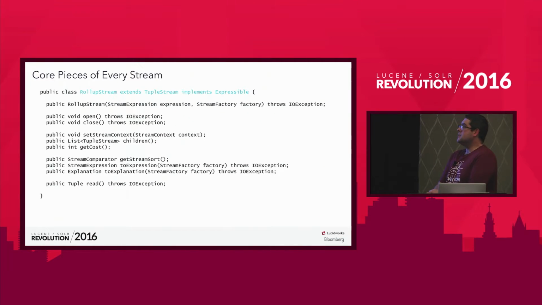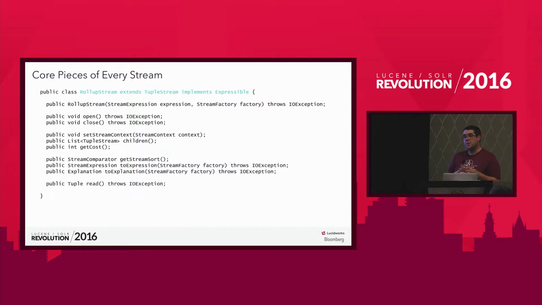All right, so let's take a look at the core pieces of every stream. We're going to take a look at the rollup stream for a little bit, just because a couple of its functions are kind of interesting. The first thing you want to do is every stream class has to extend the tuple stream abstract class. There are some utility functions in there, but almost everywhere streams are working with other streams, they're using tuple streams.